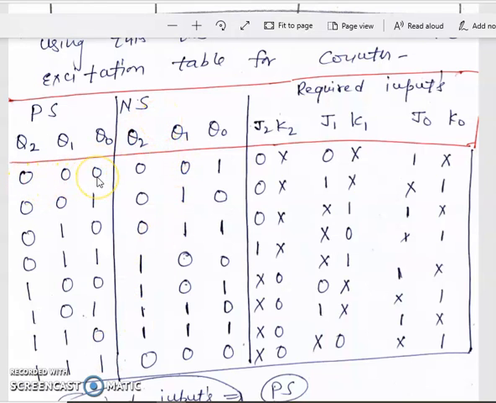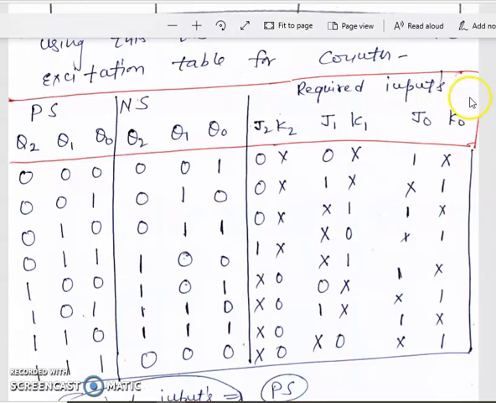After 0 0 0, the counter goes to state 1. It means 0 0 1 is the next state of 0 0 0, so we write 1 here. After 1 it goes to 2, after 2 it goes to 3, 4, 5, 6 and 7. After 7, it repeats itself, because it is mod 8, it counts 0 to 7 and after that repeats. So the next state after 7 is 0 0 0.